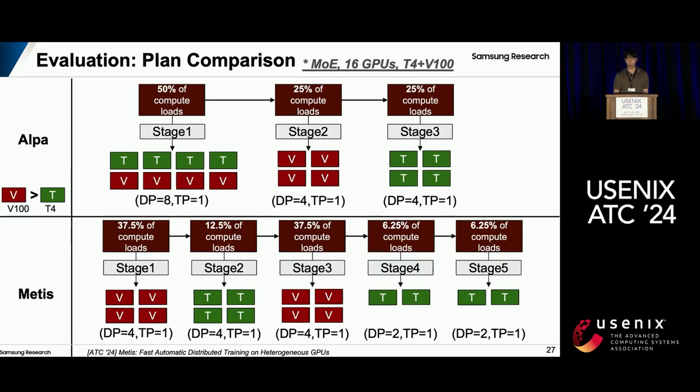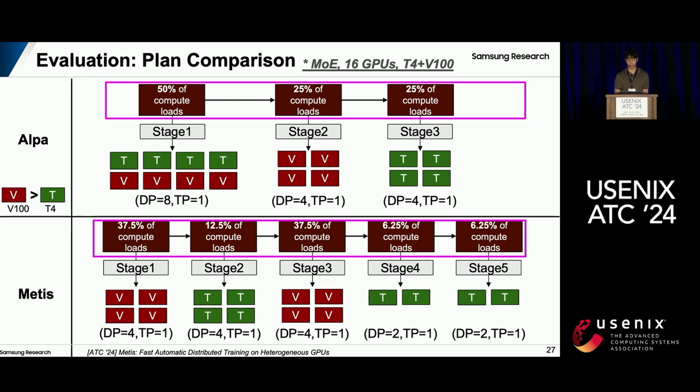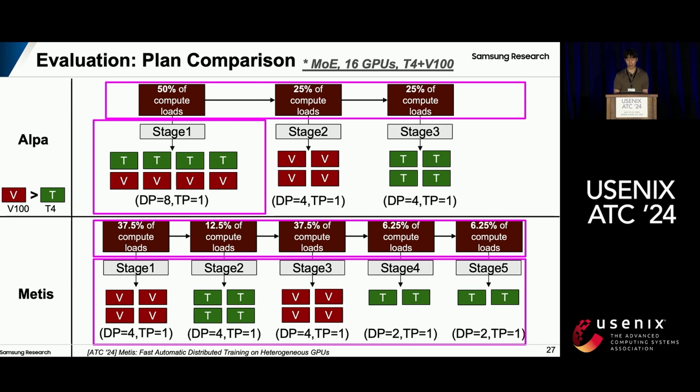And in the MoE model, the layer load balancing is also different, as in GPT-3. And one more key difference is the mapping of stage and device group. In Alpa, the first stage is assigned to a device group with 8 GPUs, where 4 GPUs are V100 and 4 GPUs are T4. However, each GPU within stage 1 will process the same computational load because Alpa assumes that the underlying GPUs are the same.